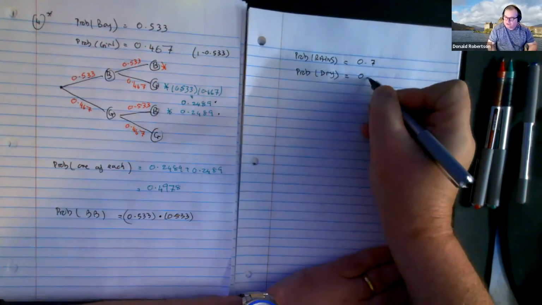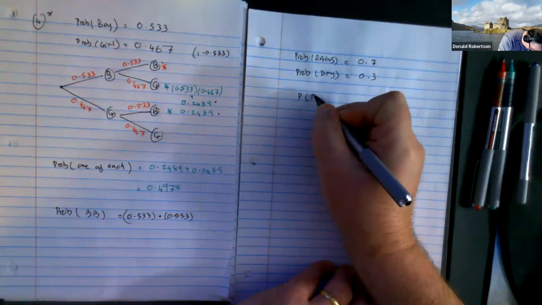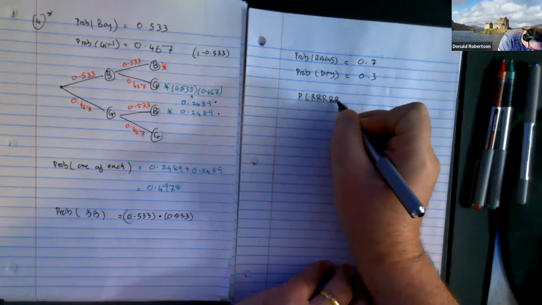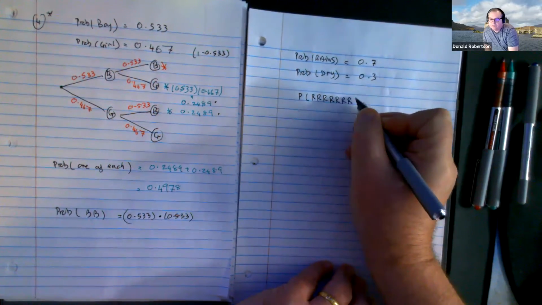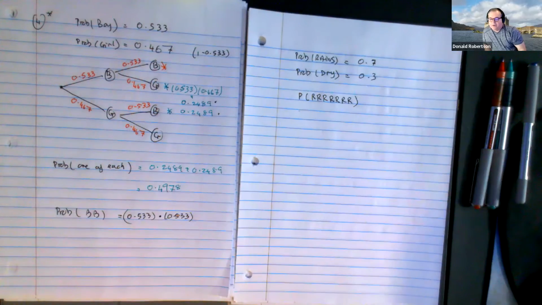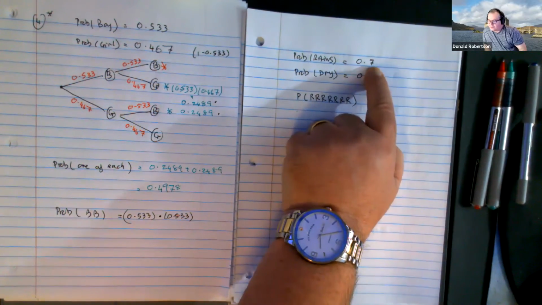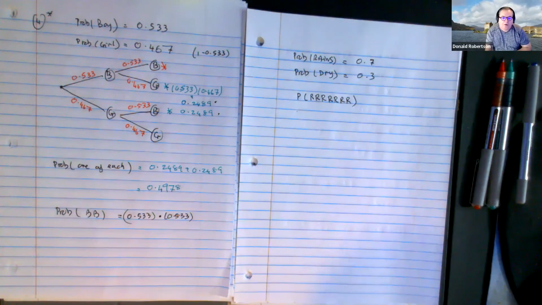So that's information you're given. I can find the probability that it rains seven days in a row. Now, the chances that it rains on any given day is about 70%. So that's a place that rains a lot, right? But we're being asked about seven days in a row.